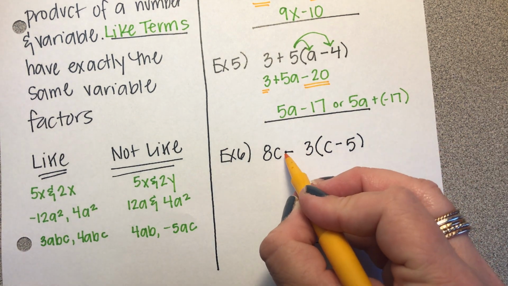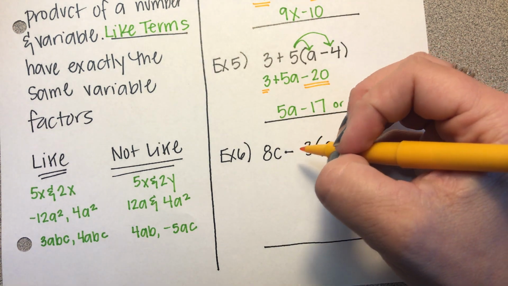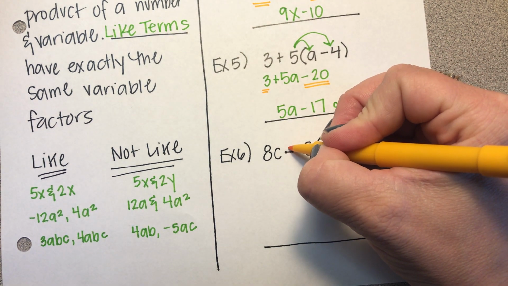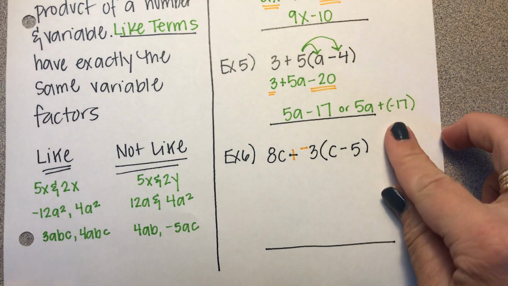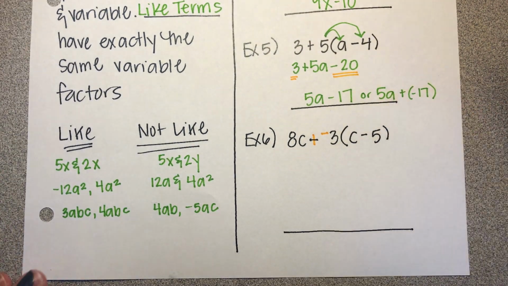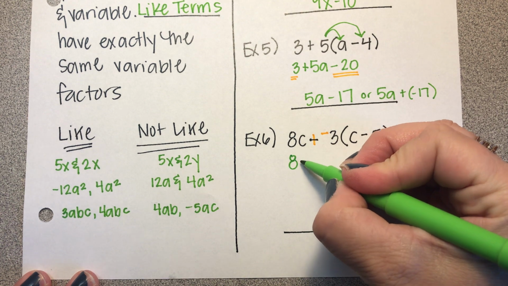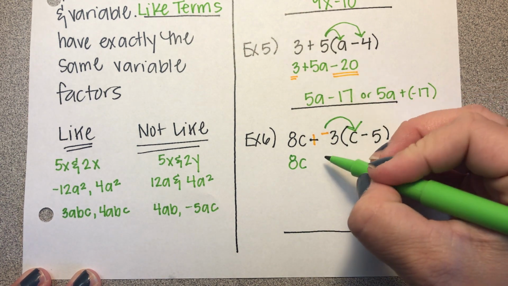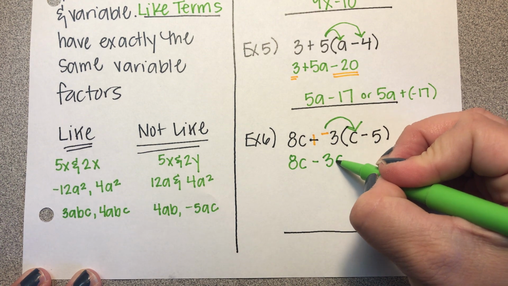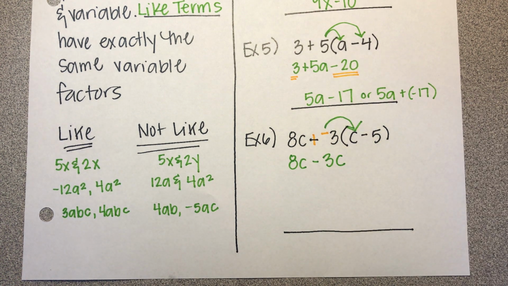The one special time where we have to be really careful is when we have a subtraction sign out here. And so what we're going to do is keep, change, change. We're going to write this as adding negative 3. And I'll show you why. Because when we do the distributive property, negative 3 times c would be negative 3c. Again, I'm writing plus negative 3c as minus 3c.